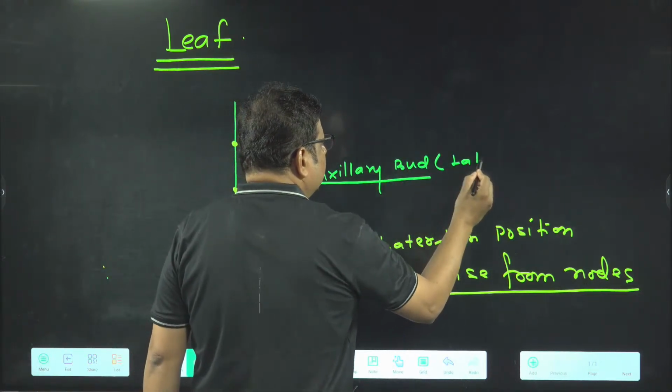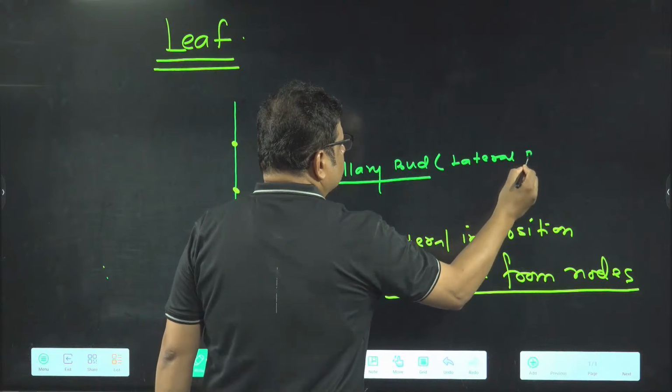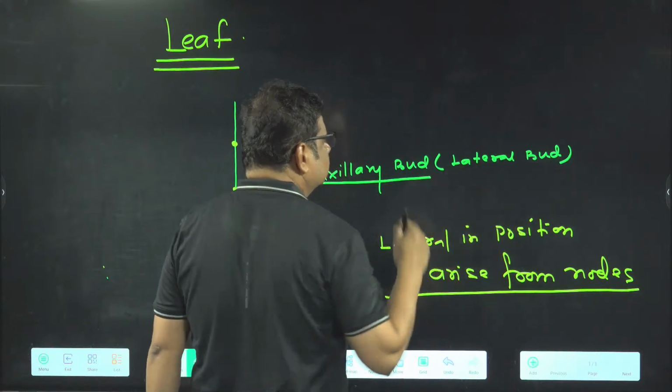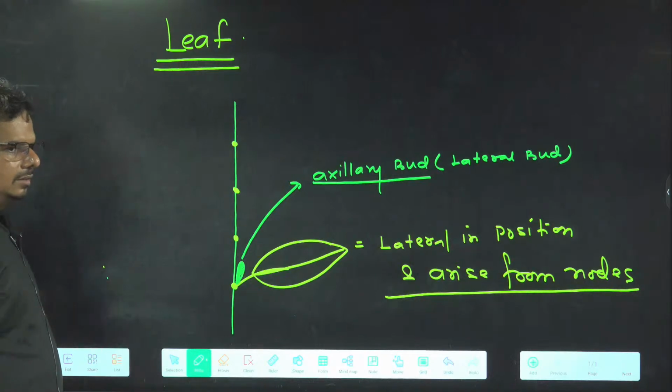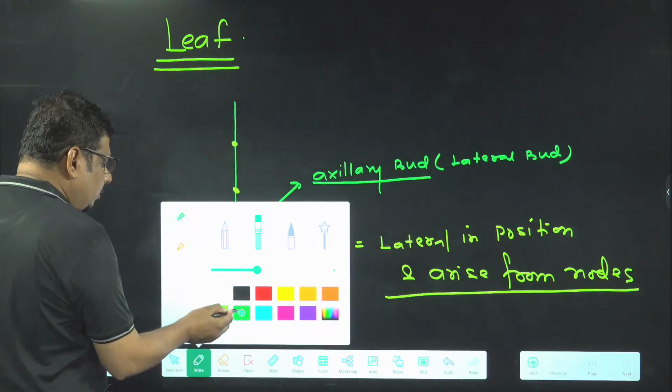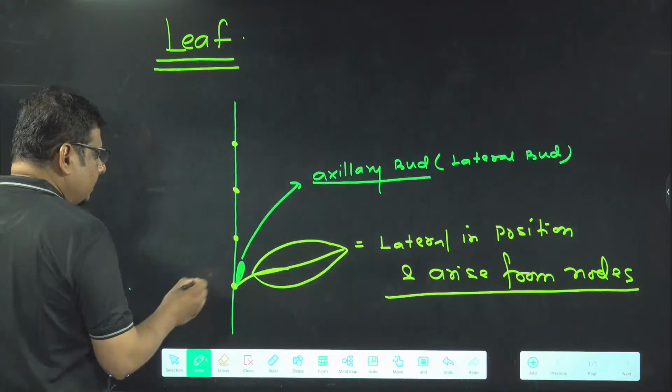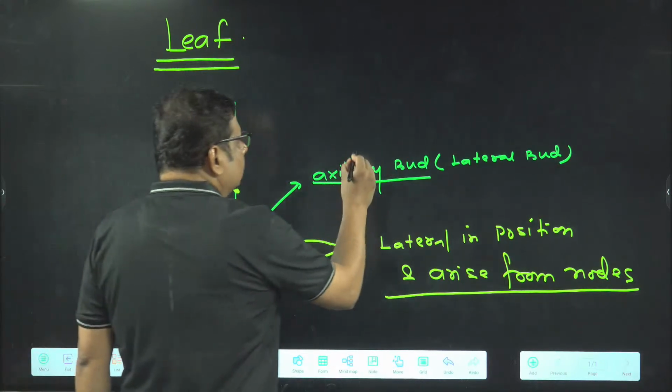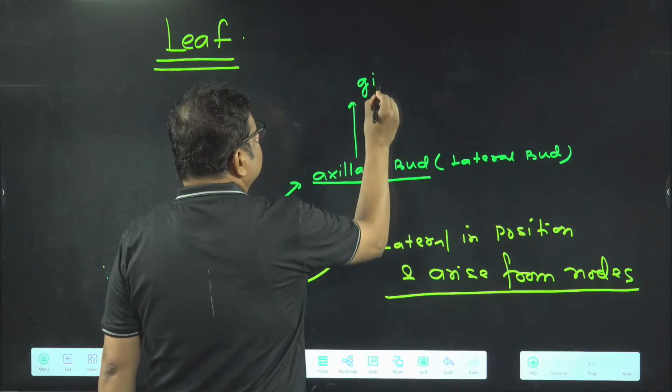It is also called lateral bud. When you read your textbook, NCERT wrote that these buds give rise to new branches.